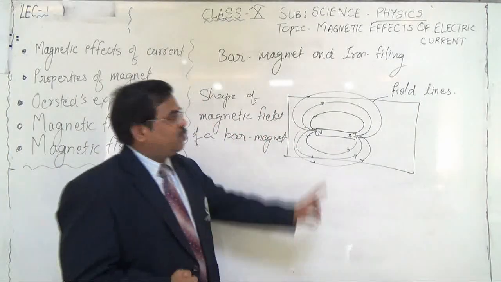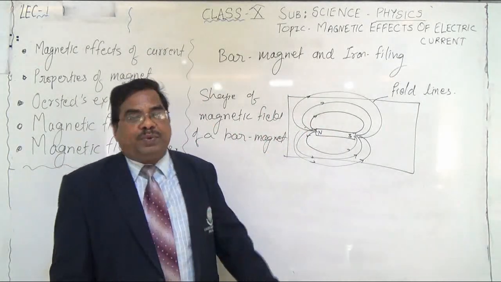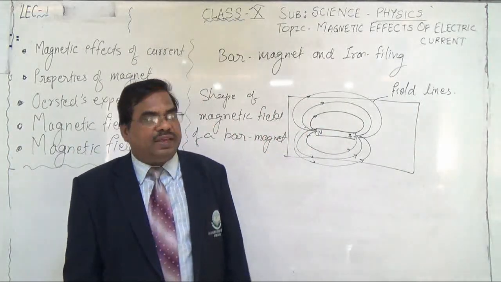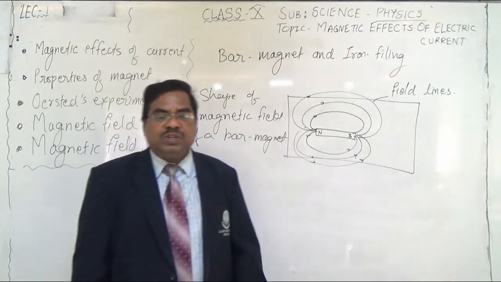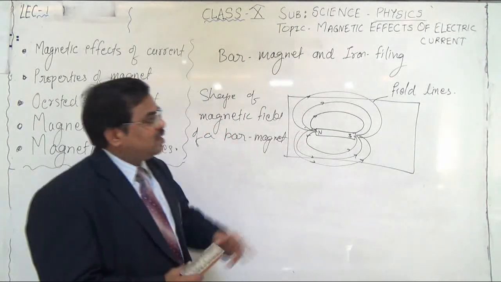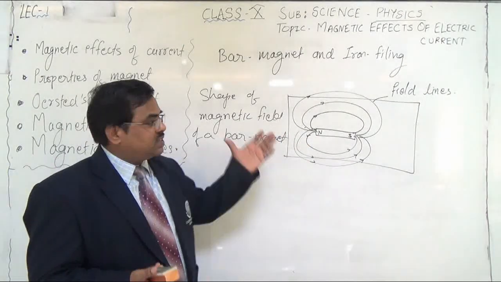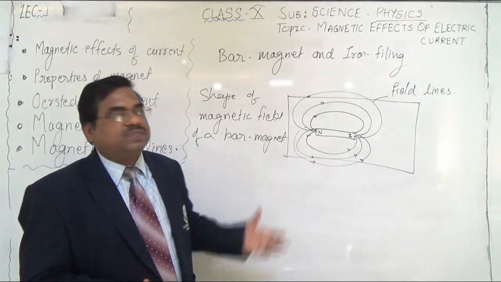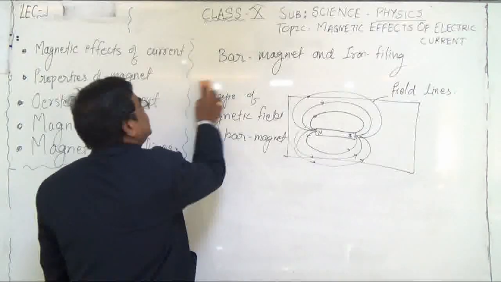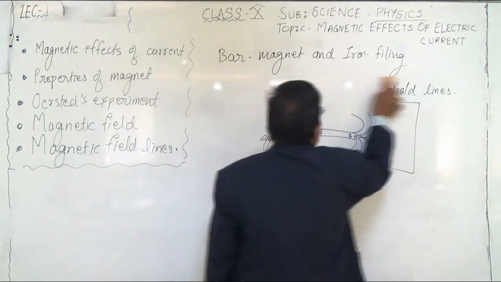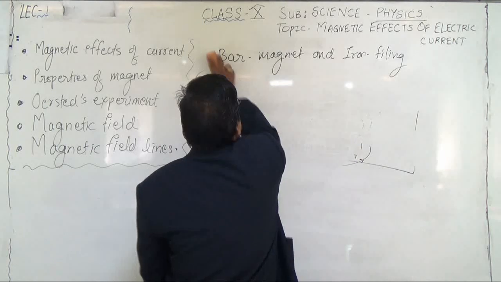And the shape of the magnetic field can be obtained with the help of the iron filing experiment, which I have explained just now. Now these magnetic field lines represent one shape and they have some properties. So let's see what the properties of these magnetic field lines are.